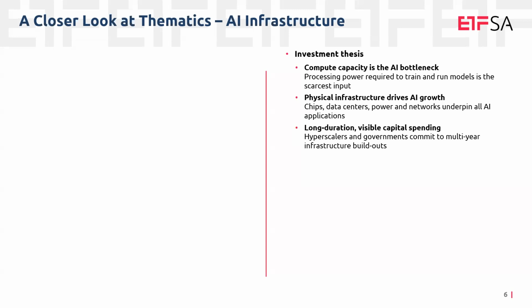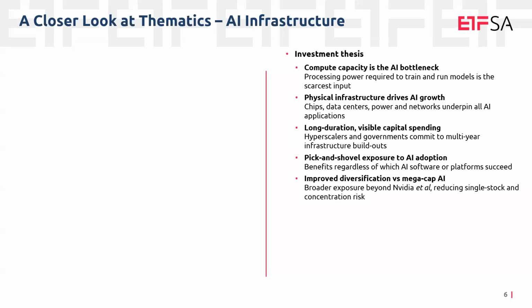We want to buy where they are spending their money. We really want to focus on what's called a pick and shovel sort of exposure. Or the bricks and mortar, I guess, is the old-fashioned term, in terms of infrastructure that we want to look at. And it really is about getting much more improved diversification beyond NVIDIA, Alphabet, Amazon, those sort of mega tech companies as we see it.